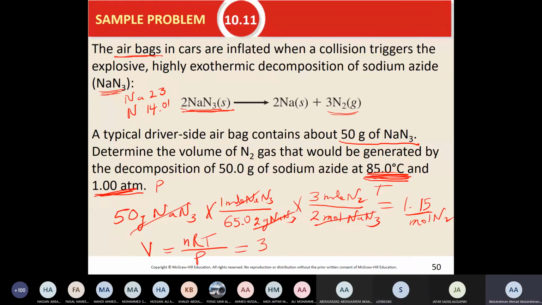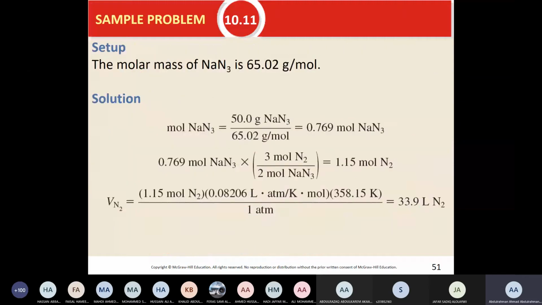Exactly. It is 33.9 liter N2. I hope this is clear. And you can see 34 liters is a lot of volume. And that's why the airbag becomes so big.